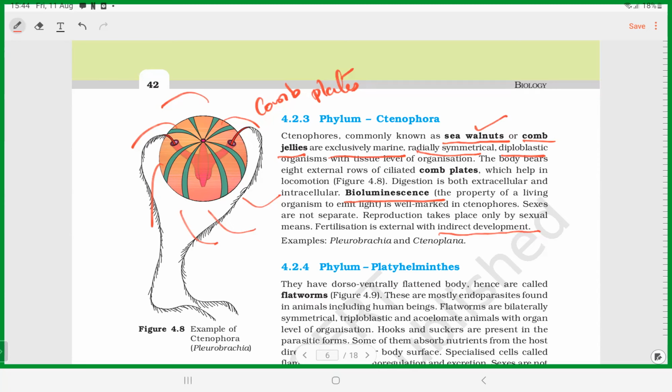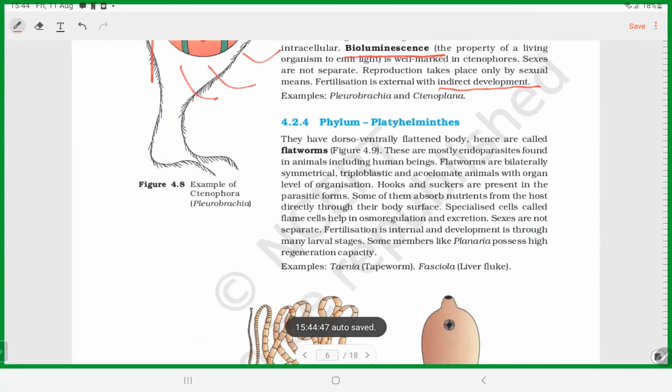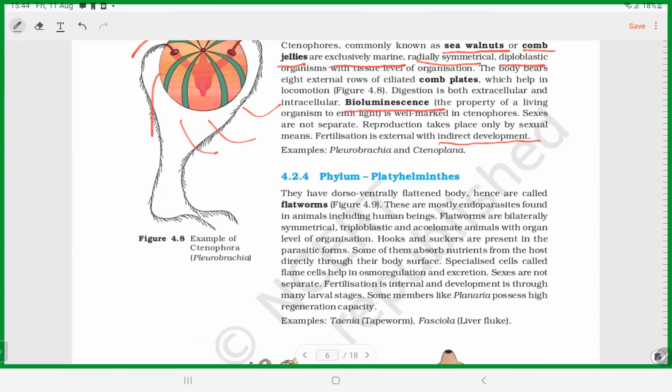Indirect development means there are larval stages from zygote state to adult state. In between there is a larval state. Because of the presence of that larval state, they are called what? Indirectly developing organisms. So that's about ctenophores.